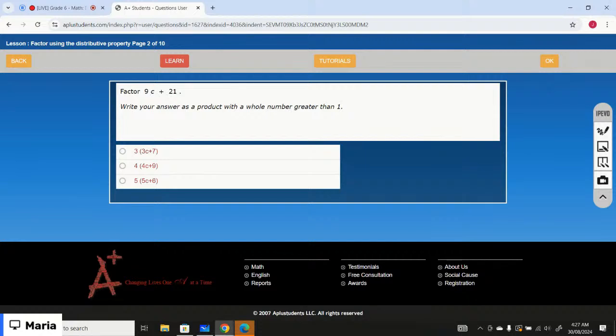That is 3 times 3c plus 7. Option number 1 is the correct option.